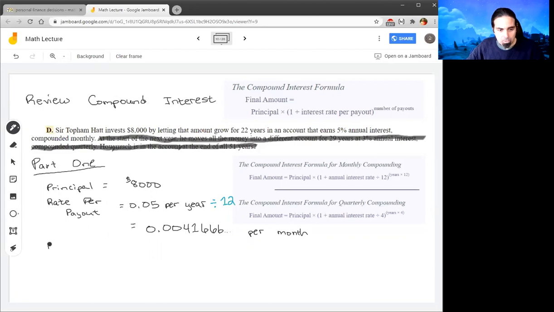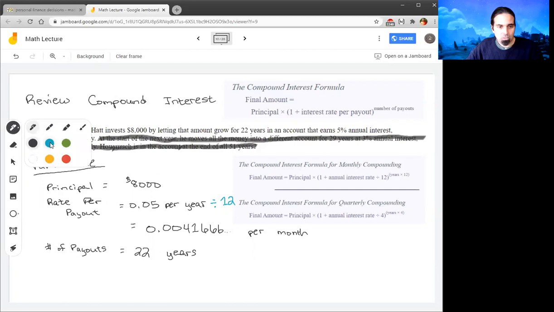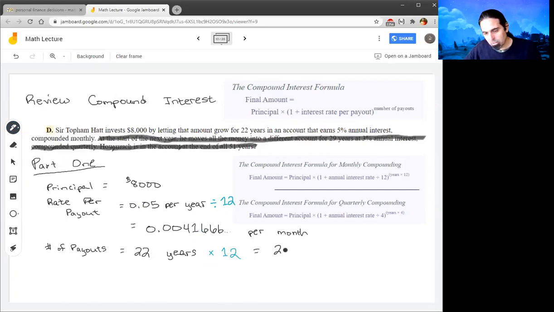And then the number of payouts. Well, he has 22 years, but each year the bank gives him interest 12 times, every month. So now we have a times 12. That's 264 different months.